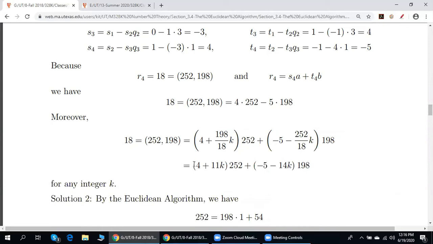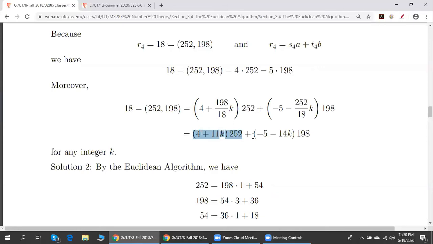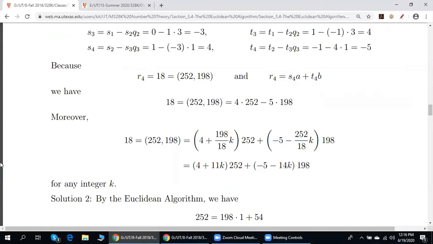And by the way, one can also show that this is a complete description of solutions of the following equation. 18 is equal to m times 252 plus n times 198. We will discuss these formulas later. All you need right now is a particular solution, not the general solution. Was that your question? Yes, absolutely.